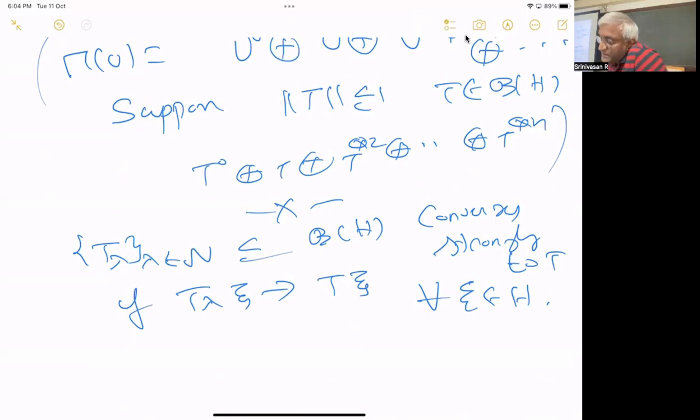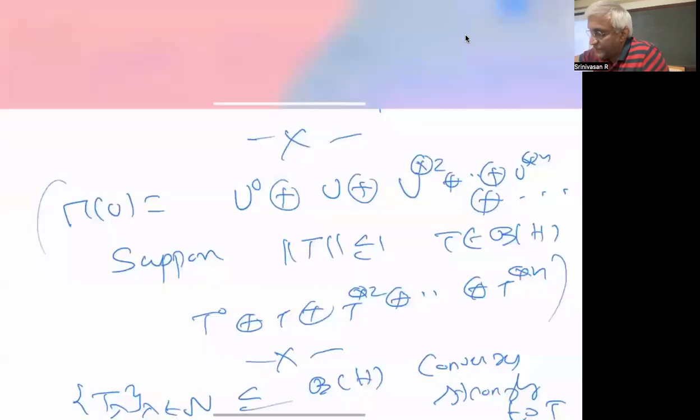It is the topology which makes all those maps continuous. Yes, correct. It is given by those semi-norms if you want. For each ξ, you get a semi-norm. Isn't it the weak topology?